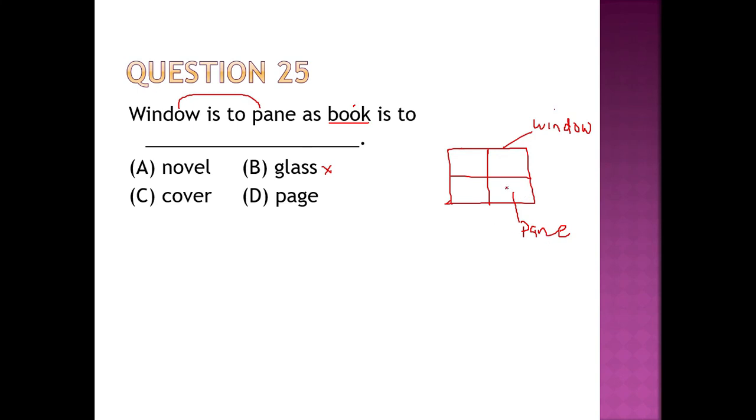So we say that the pane is within the window. So this is our answer. Book is to page, because windows are made up of panes, there are different panes in a window, just as there are different pages in a book. So page is our answer.